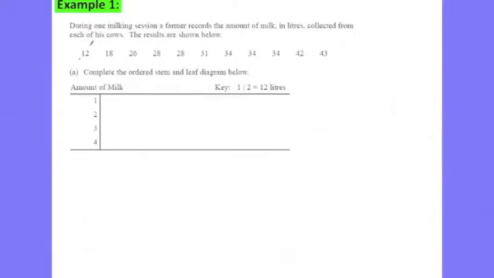Our first number, 12: we have a 1 here and a 2 here. Our second number, 18: 1, 8. 26, next row, 2, 6, 8, 8. 3, 1, 4, 4, 4: 31, 34, 34, 34, and then our next row, 42 and 43.